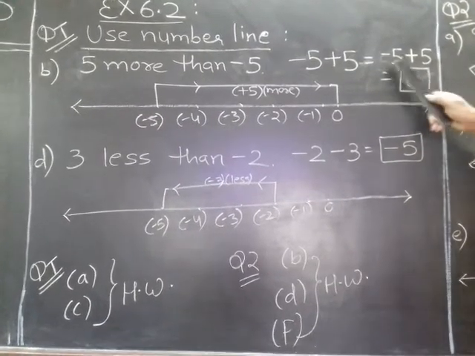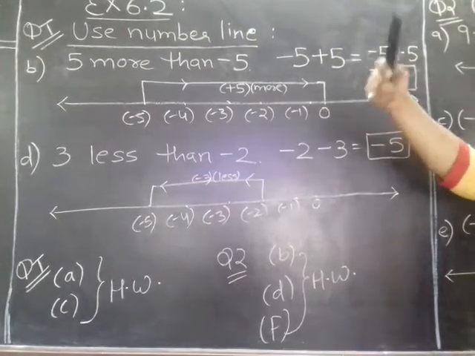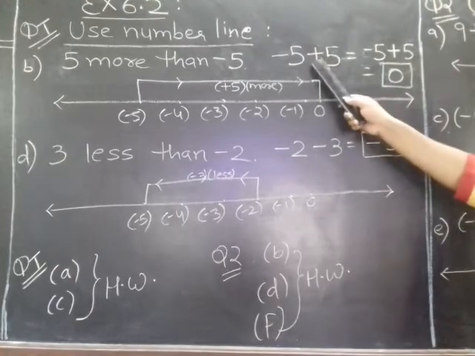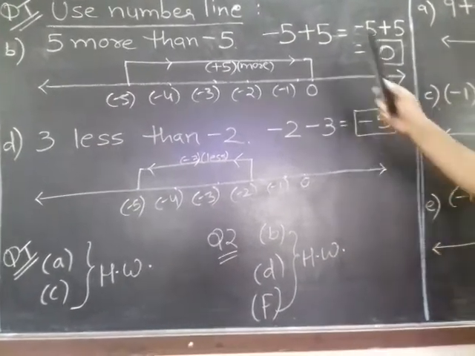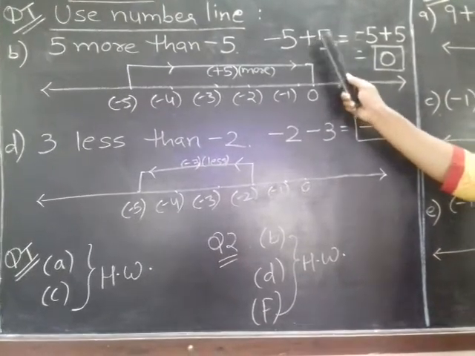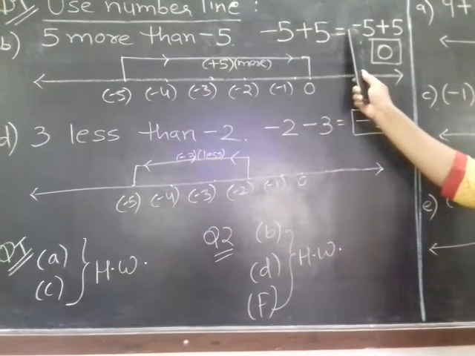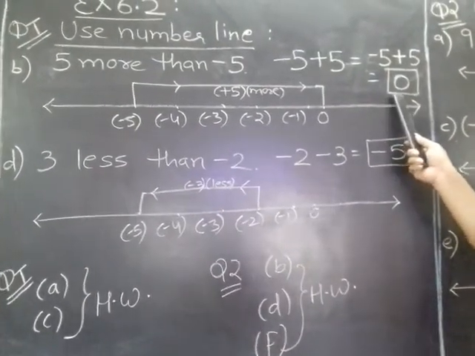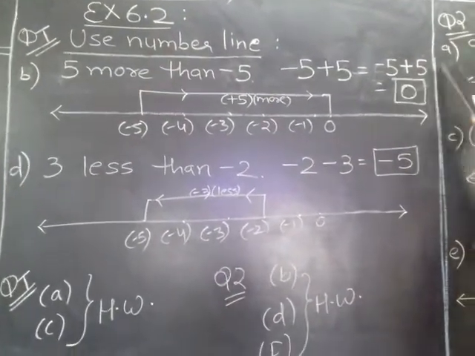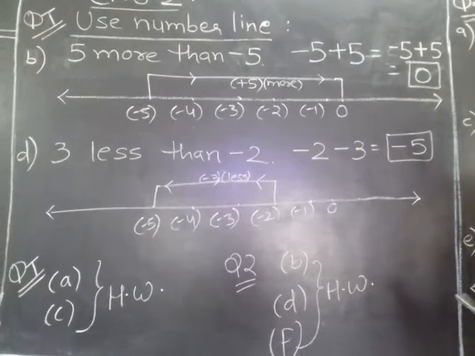We already have minus 5 with us and we have to add 5 more, so that is positive 5. More means positive, less means negative. So more, how much more? 5, so plus 5. Minus 5 I already have, I added plus 5 to it. What will be my answer? 0. This calculation you have to show on the number line.